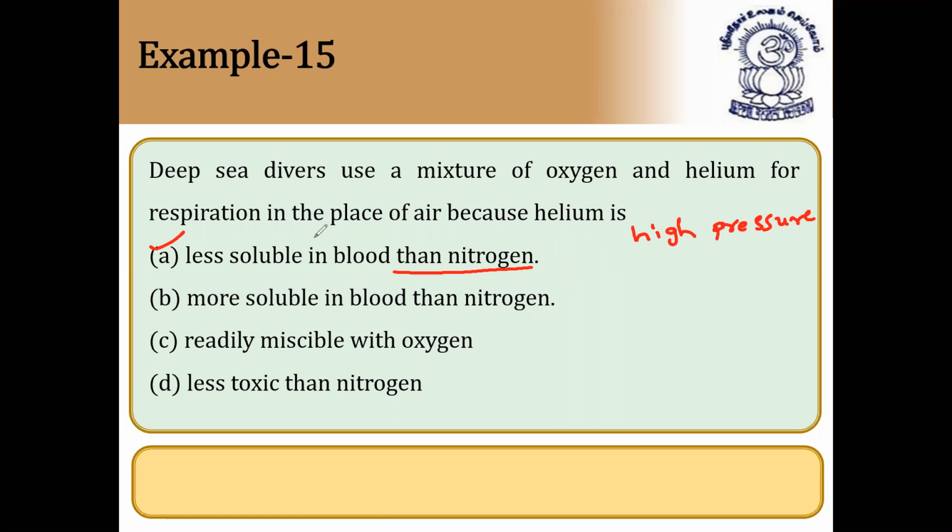Due to this, they can easily dive in the sea, because they take cylinders with a mixture of oxygen and helium gas along with them for respiration. This is a general question, very, very important. Many times this question has come in entrance exams. I hope it is clear: in the deep sea pressure is more, so that's why they use helium.